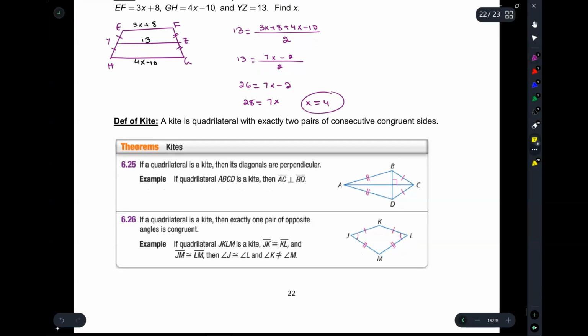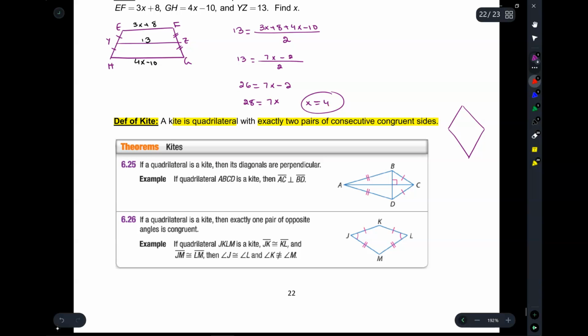Let's move on to a kite. All right, this is completely different now. A kite is also a quadrilateral with exactly two pairs of consecutive congruent sides. So for example, when we draw a kite, like a kite that you want to fly, that's the shape that we draw.